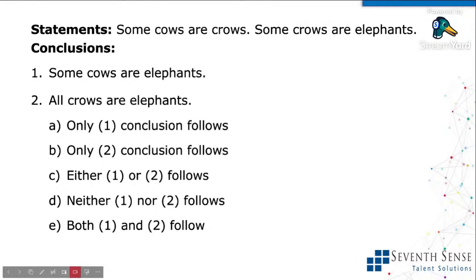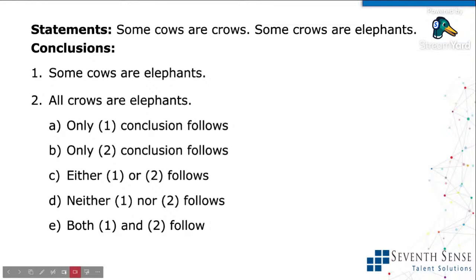Now quickly try to do this. Some cows are crows, some crows are elephants. Now go ahead and try the conclusion. I'm repeating again and again, please add some more conclusions on your own, like some crows are elephants or some cows are crows.